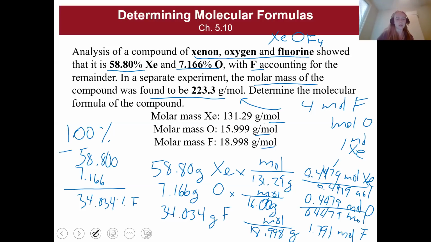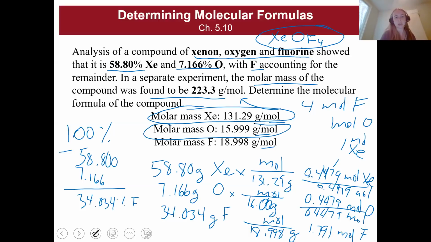And now let's see what the empirical formula mass is. We want to find the mass of 1 unit of this. So we've got the molar mass of xenon plus the molar mass of oxygen plus 4 times the molar mass of fluorine because of our subscript from our formula.